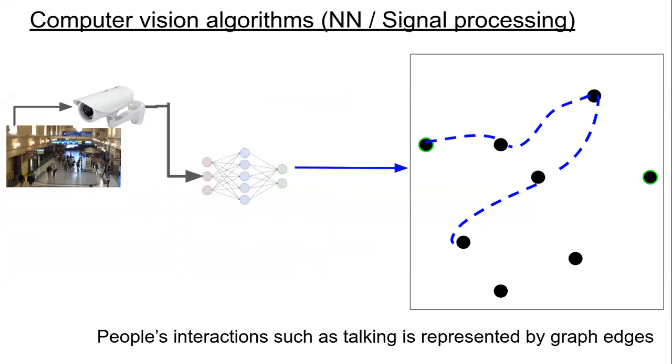Then we have computer vision algorithms that can detect different tasks and interactions of people. The individuals become groups in this part. For example, talking can be represented by graph edges because that's an interaction between two people, two nodes interact and you have an edge. Even these edges might not be constant over time.